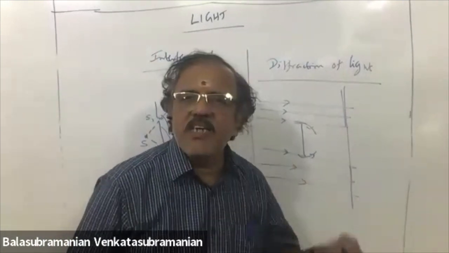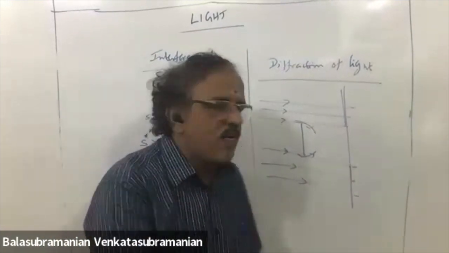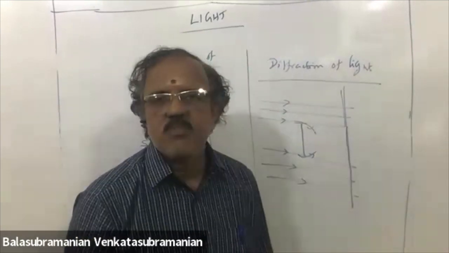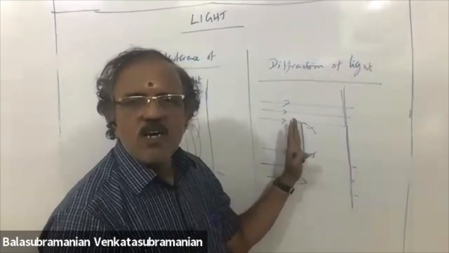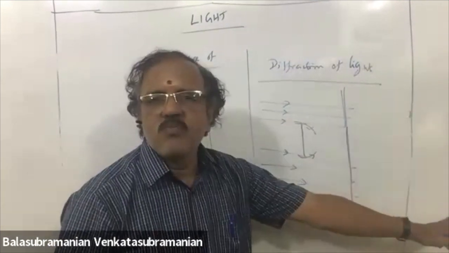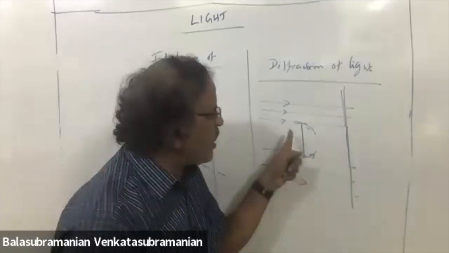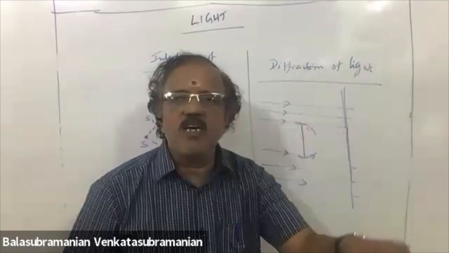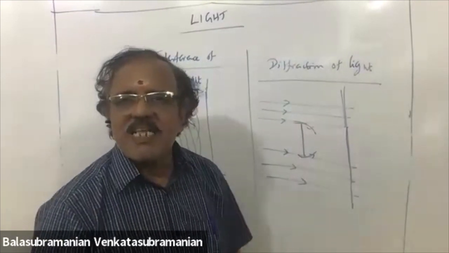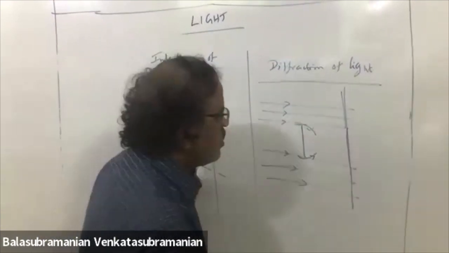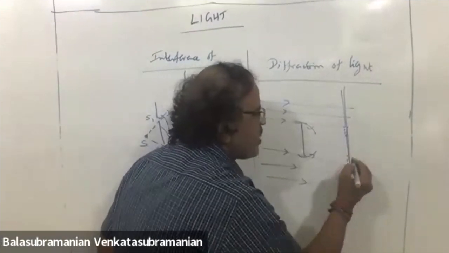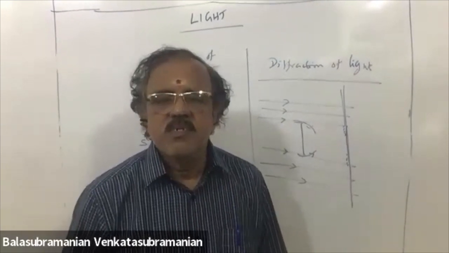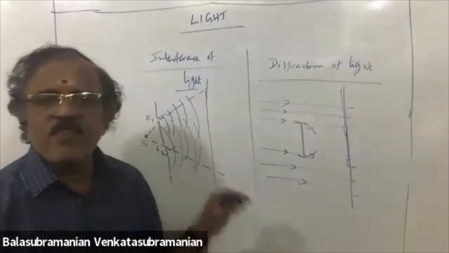Bending of light rays around the edges of an obstacle. Here it is not fully dark. This is a screen, this is an obstacle. After coming out of the obstacle, some rays of light bend around its edges, and you can see some patches of light above and below. Correct, Amma? So this is called diffraction of light.